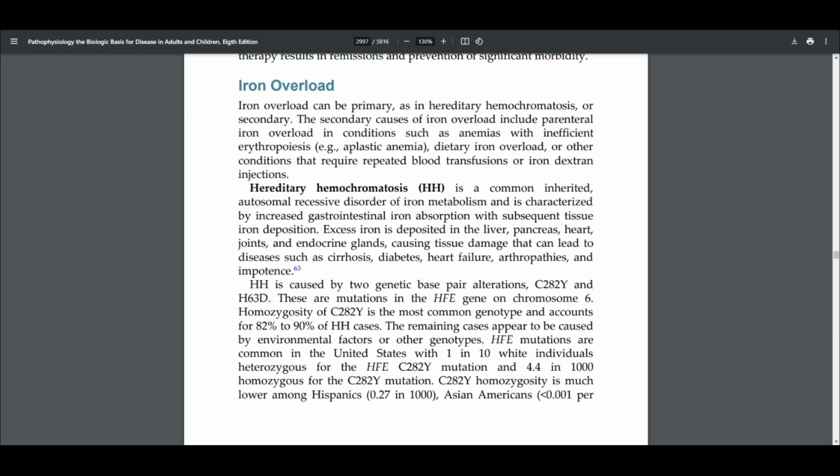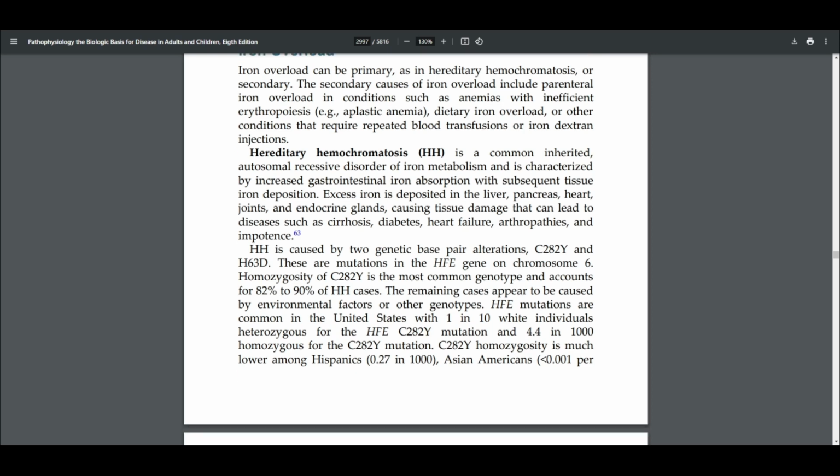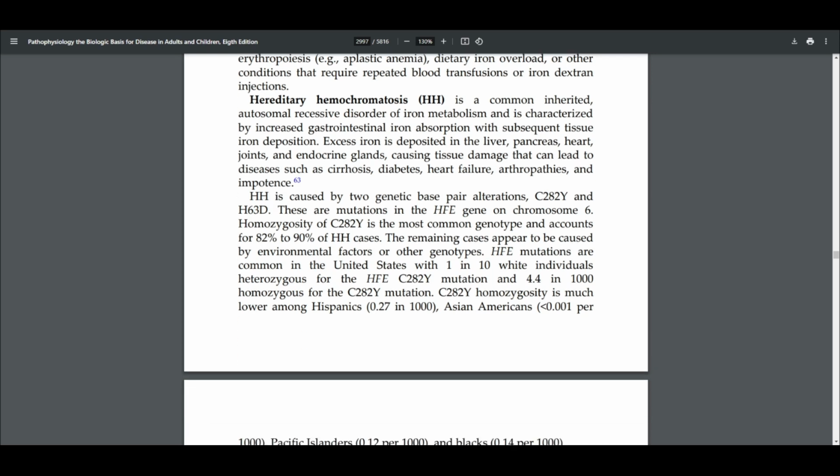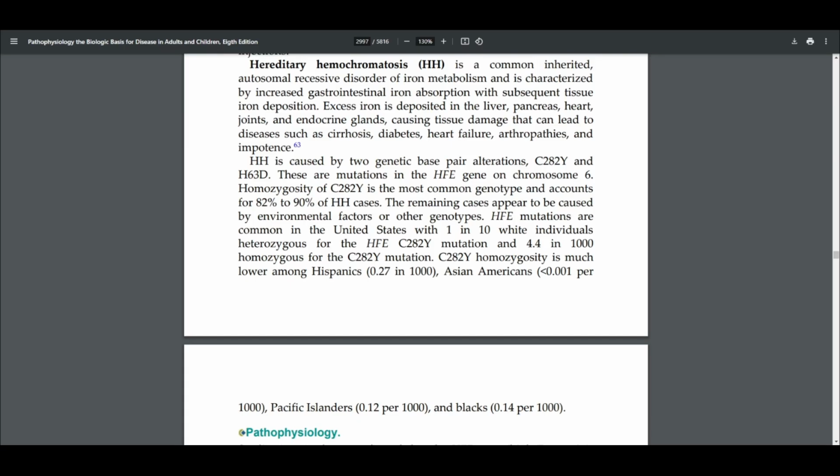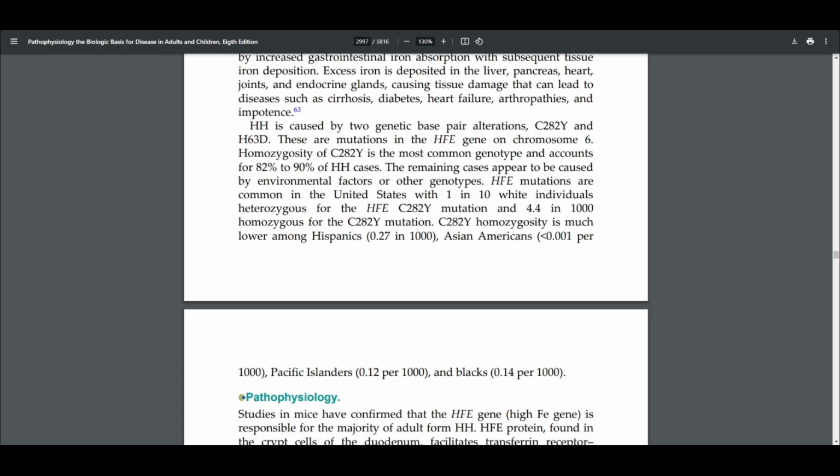Excess iron is deposited in the liver, pancreas, heart, joints, and endocrine glands, causing tissue damage that can lead to diseases such as cirrhosis, diabetes, heart failure, arthropathies, and impotence. Hereditary hemochromatosis, or HH, is caused by two genetic base pair alterations, the C282Y and the H63D.